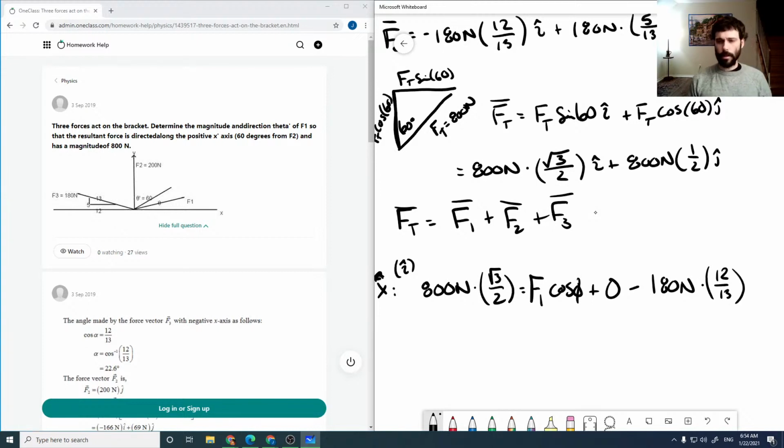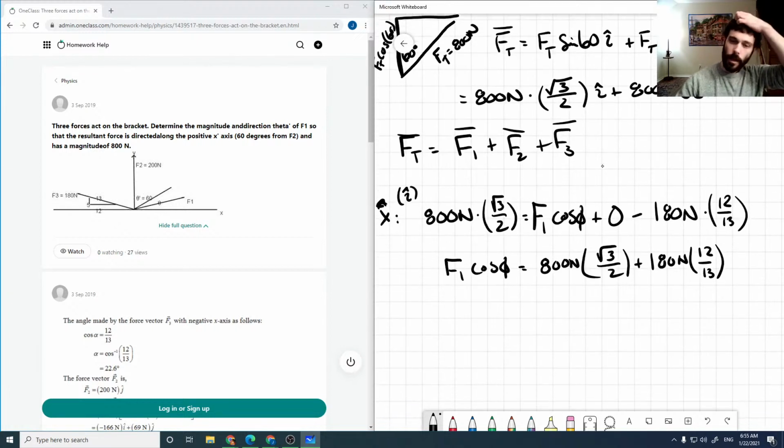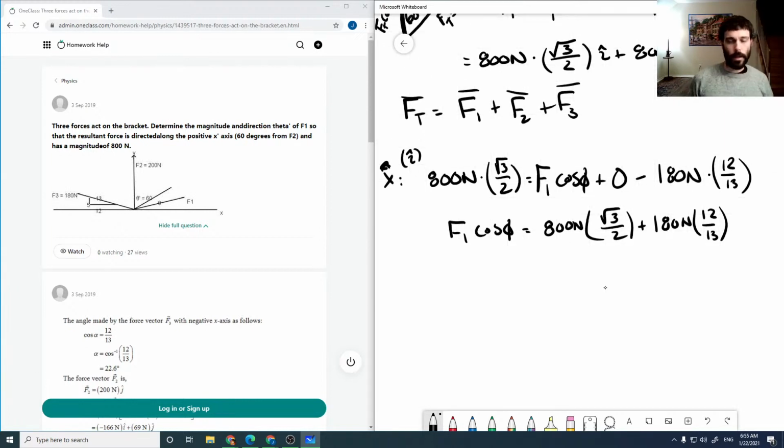And so we can rearrange this and say that F1 cos phi is equal to 800 times root 3 over 2 plus 180 times 12 over 13. I could work this out, but rather than working completely in decimals, I figured I would just leave it.